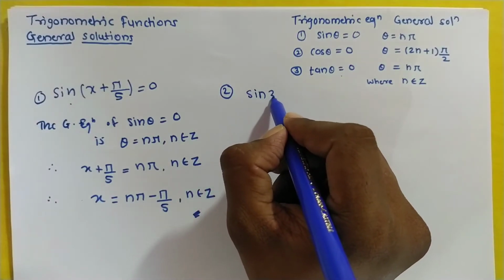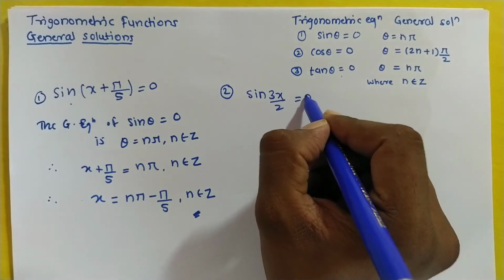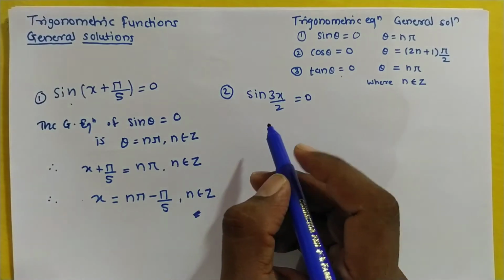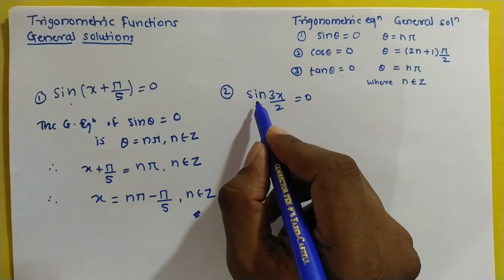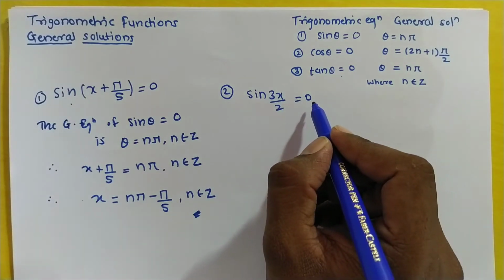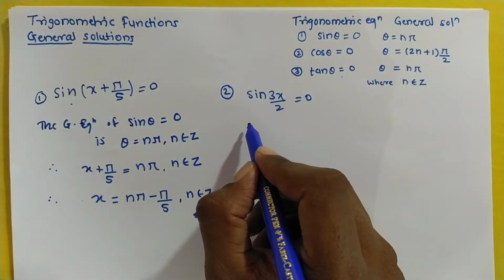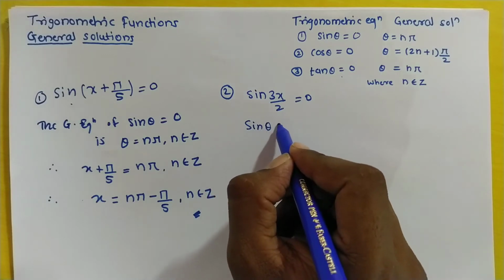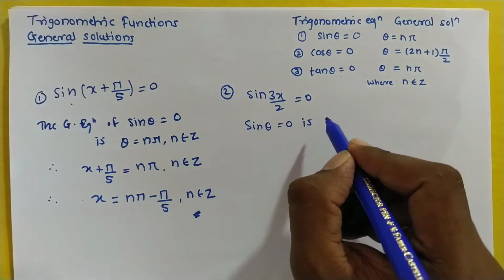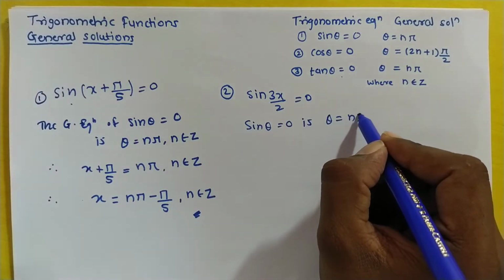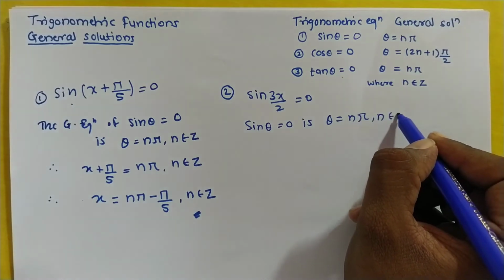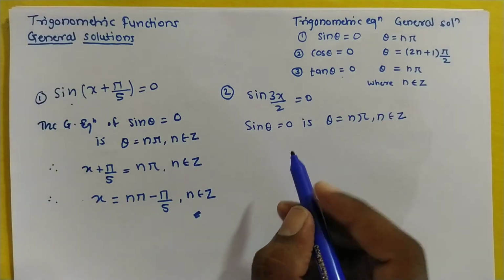sine of 3x by 2 equal to 0. We know that this is the sine theta equal to 0 format. So the general solution of sine theta equal to 0 is theta equal to n pi, where n belongs to the set of integers.